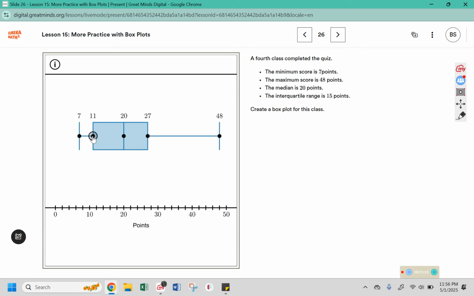So if we put this one at 10, 10 plus 15 is 25. If we put this one at 11, 11 plus 15 would mean this one has to be at 26. You can slide the quartiles accordingly to make the interquartile range be 15.